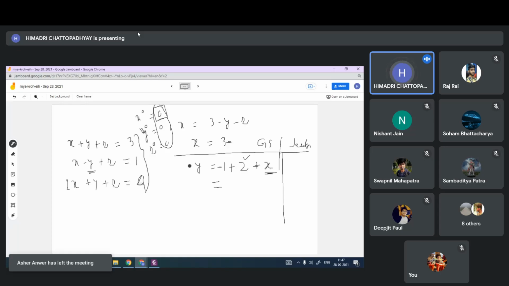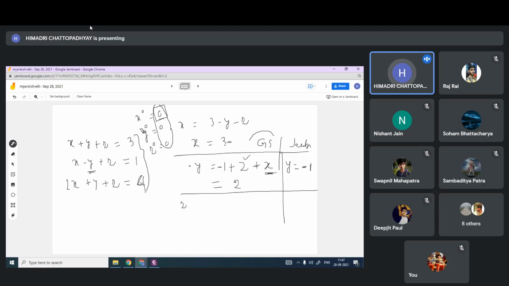So 3 minus 1 is 2, and z is 0, so y becomes 2. But in Jacobi iteration, where I use all old values, 0, 0, minus 1, y is minus 1. Now z. So this is the difference: when you are using Jacobi iteration, you take all the initial and previous level values when you put them in the equation.